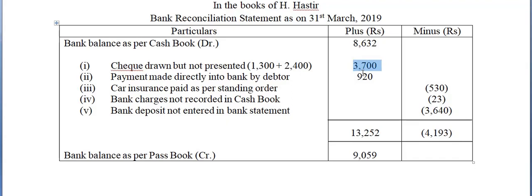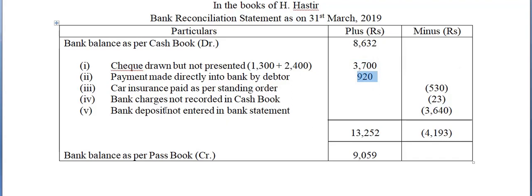So the bank balance has already increased, and you must increase your cash book balance also. But you cannot make a change in the cash book on a particular date, so you cannot overwrite the item. You are preparing a BRS, so you will plus the item, your 920 rupees.